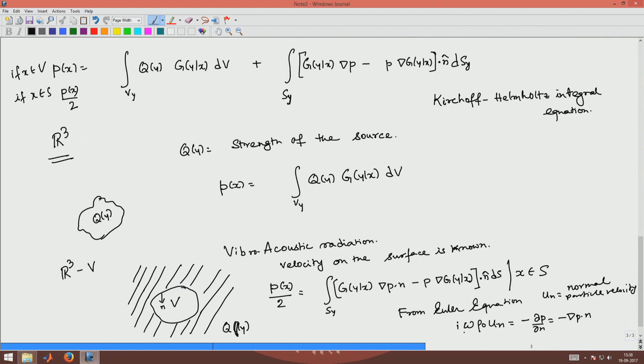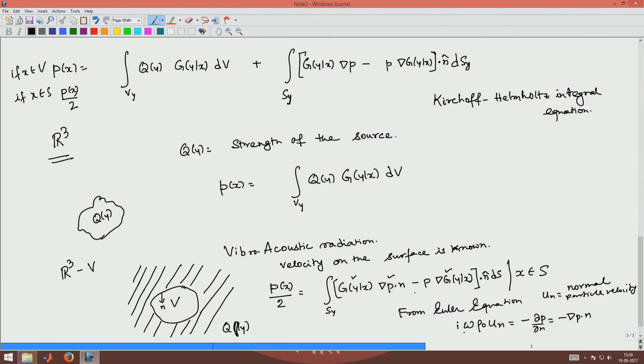Typically in a vibroacoustic problem, the vibration analysis is first done and you know the vibration velocity on the surface. So, from the knowledge of the vibration velocity on the surface, un is known and therefore ∂p/∂n is known. The Green's function is known. I have not given you the expression, but I will give it to you before the conclusion of this class. Let us say the Green's function is known.